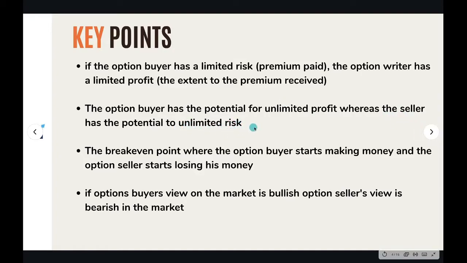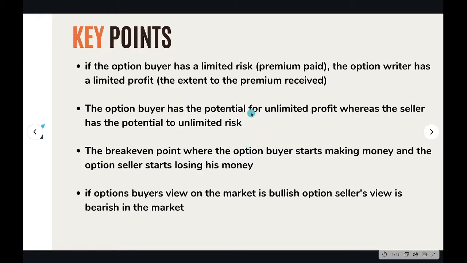Now try to understand, once the option goes above the strike price or the break-even point, that particular option can go from 6 rupees to 600 rupees. That 594 rupees is the loss borne by the option seller, right?